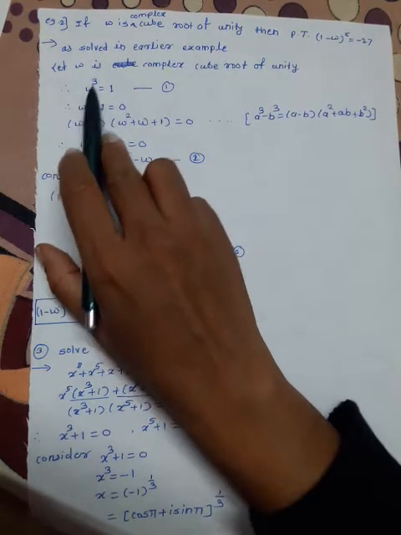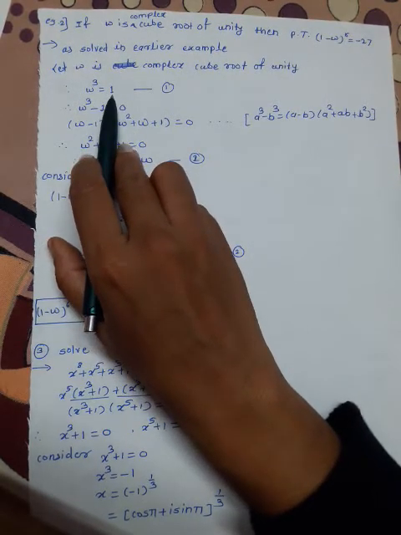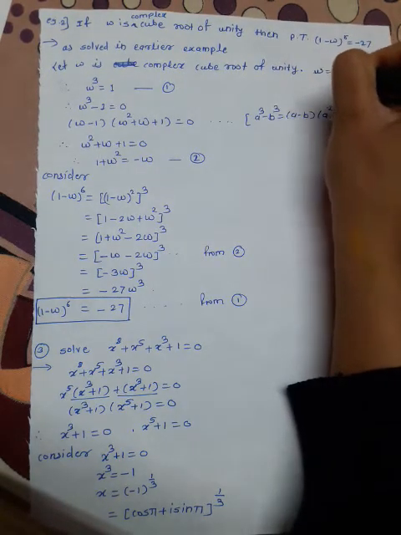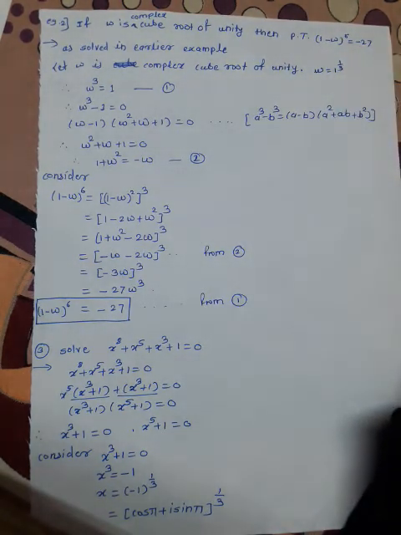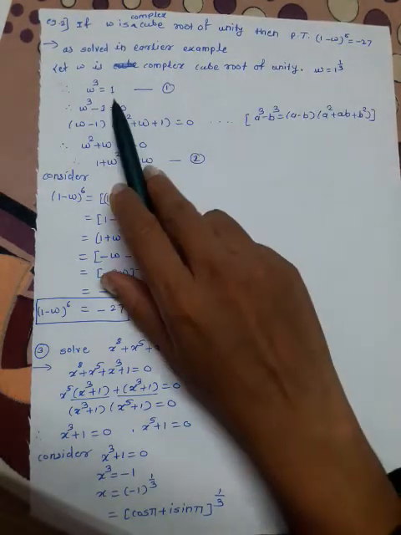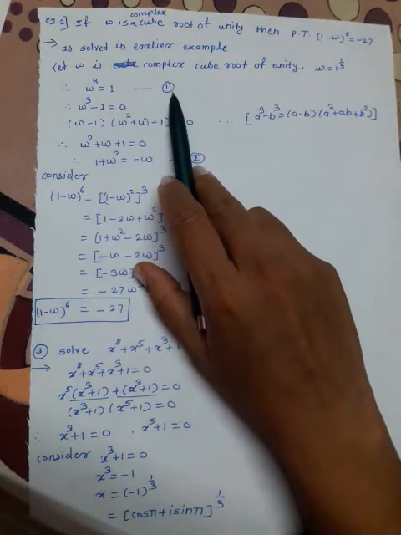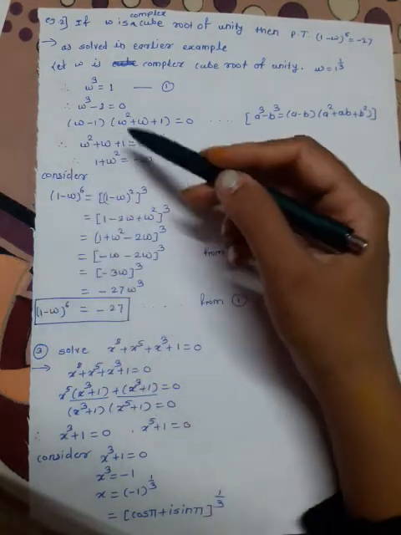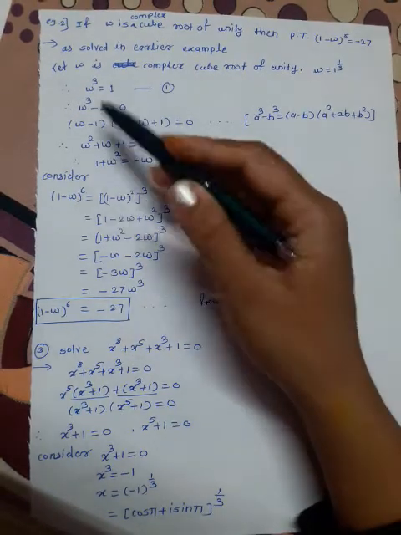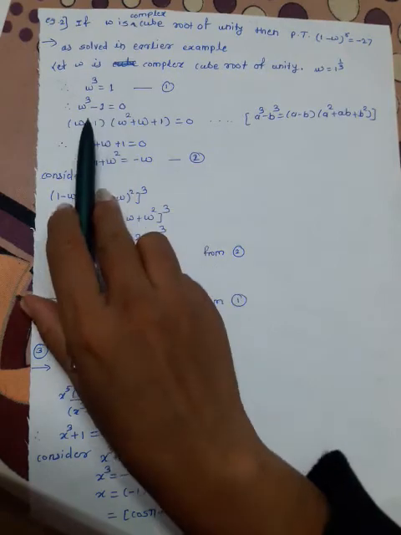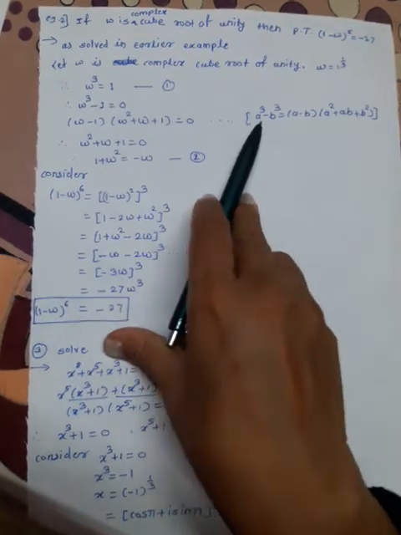Taking cube on both sides, we get omega cube is equal to 1. Call this equation number 1. Now take 1 to the other side, we get omega cube minus 1 is equal to 0. Now we have to use here the a cube minus b cube formula.